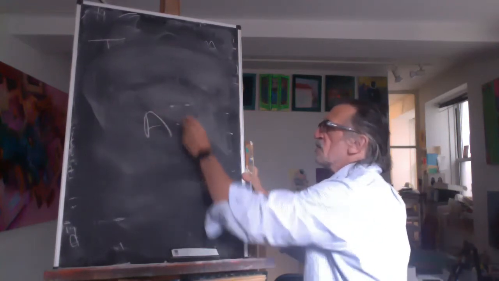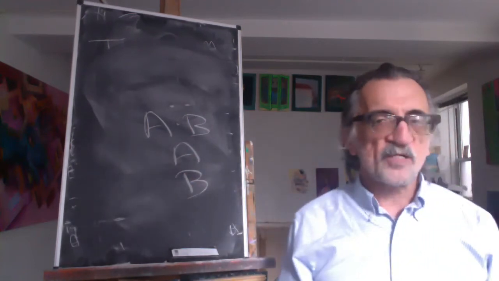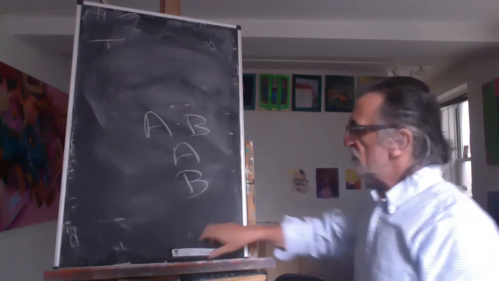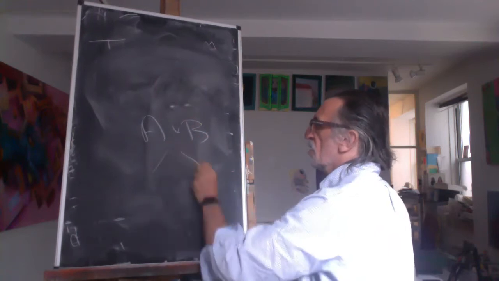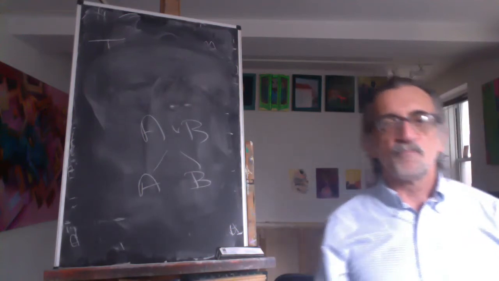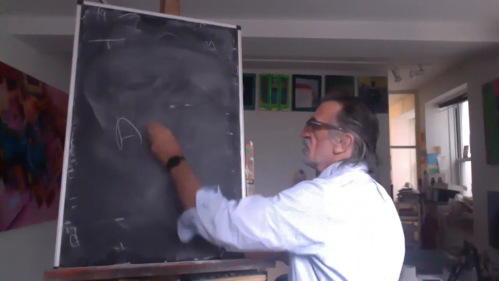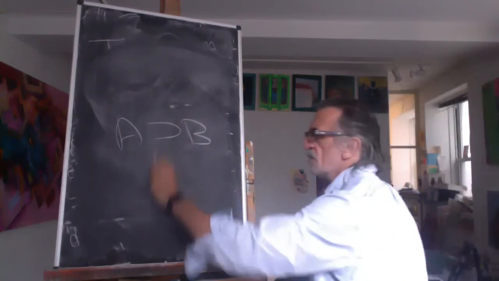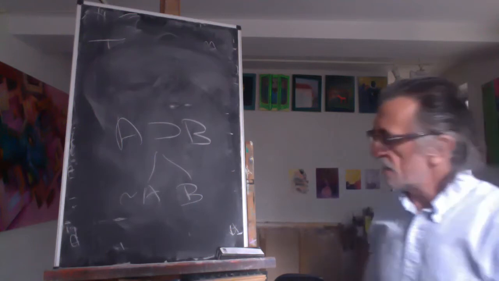So, for example, if you have a conjunction of A and B, you stack the A and the B. If you have a disjunction, if you have the disjunction of A or B, you branch them. What if you have a material conditional, A horseshoe B? Well, this really should not be a surprise.